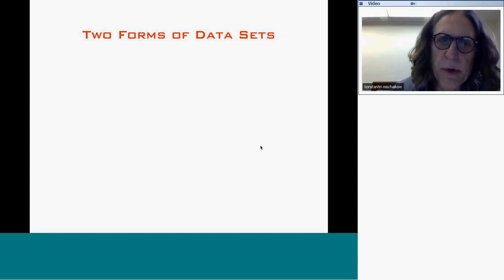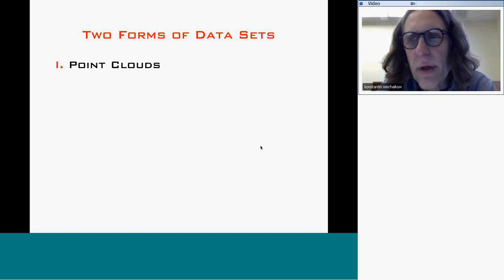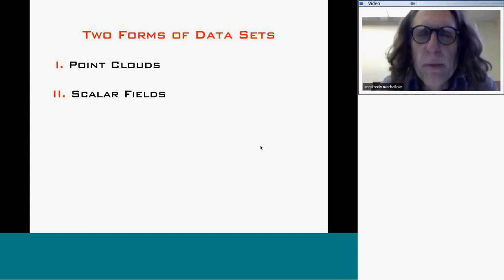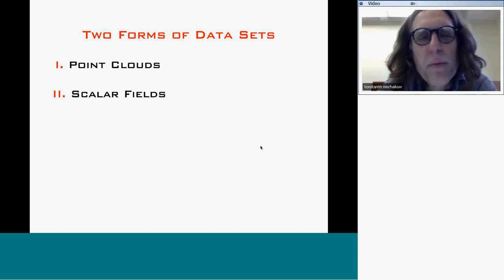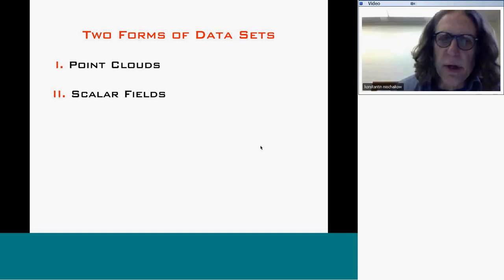And so the idea is that one way that we get data is in terms of point clouds, and I'll try to make it clear what I mean by that. And the other way is in terms of scalar fields. You could think more generally in terms of vector fields, but let's keep it simple for today and just talk about scalar fields. So what are point clouds?